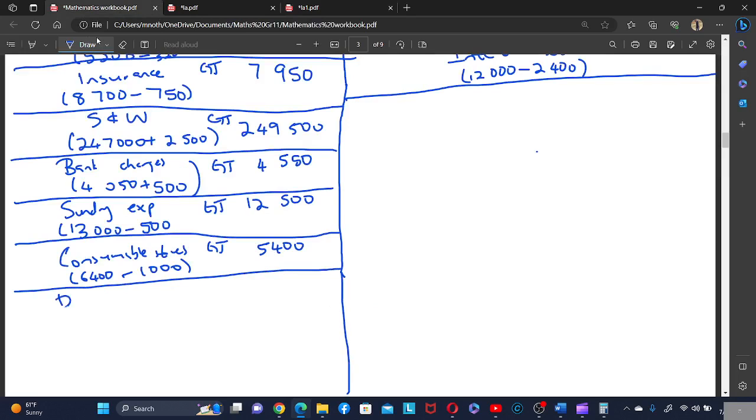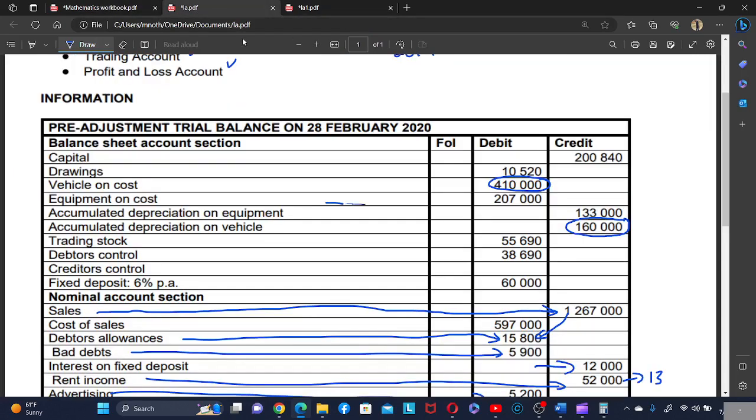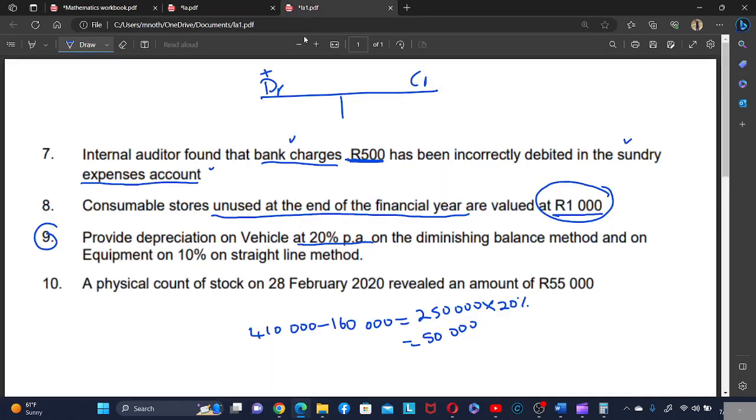So we have the depreciation, which is costing 50,000. Now the equipment cost price is 207,000, and we are told that on equipment it is 10% on the straight line method.